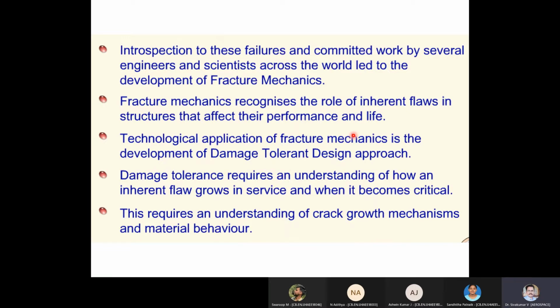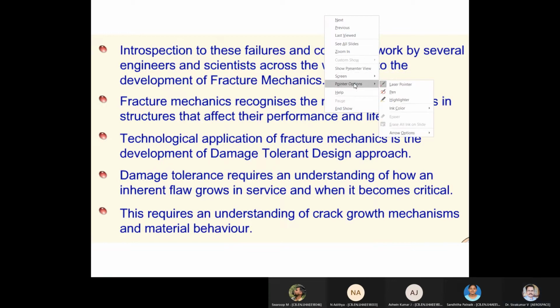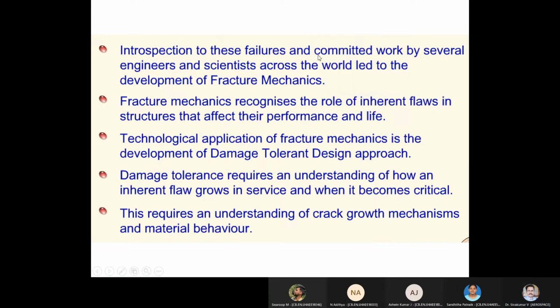Inherent flaws means, something like, you take a material. There will be a crack inside. Suppose you see it in three dimensions, there will be a crack somewhere inside.